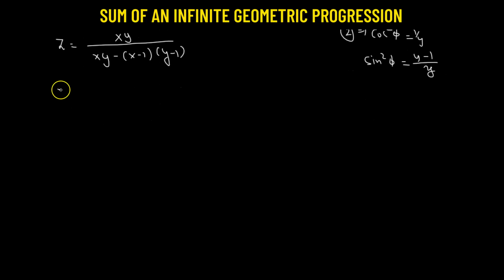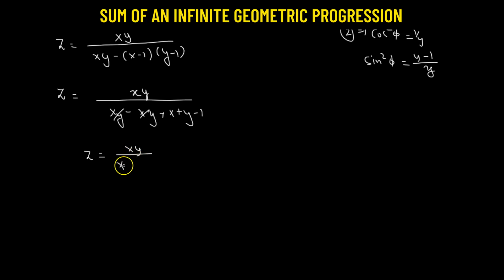We get z equal to xy divided by xy minus the product of x minus 1 and y minus 1, which is negative xy plus x plus y minus 1. So xy and negative xy cancel, and we are left with z equals xy divided by x plus y minus 1. Cross multiplying, this gives us zx plus zy minus z equals x times y, and this is what we were asked to show, hence proved.